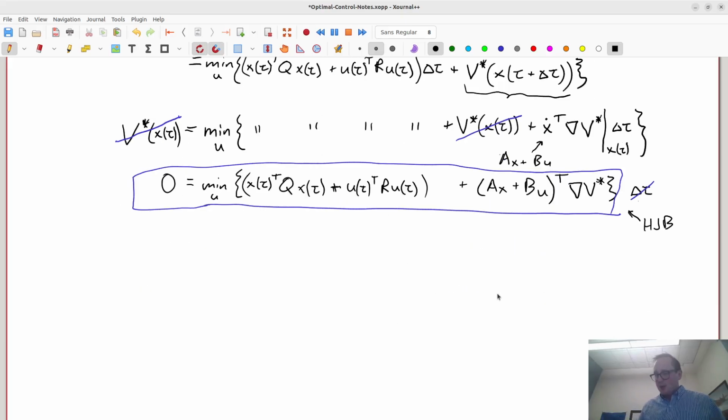How do we solve this equation? The first thing that we're going to do is make an assumption. We are going to assume that V star of x is equal to a quadratic function, x transpose Sx. So this looks sort of like x transpose Qx.